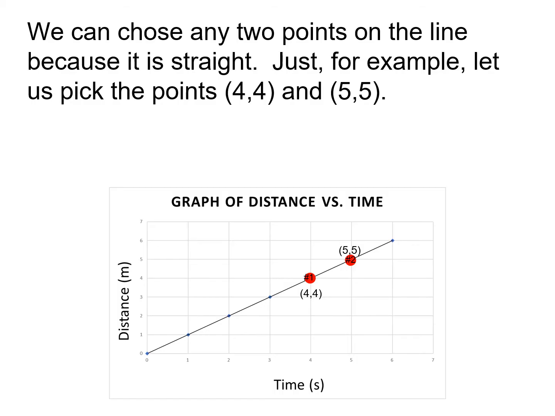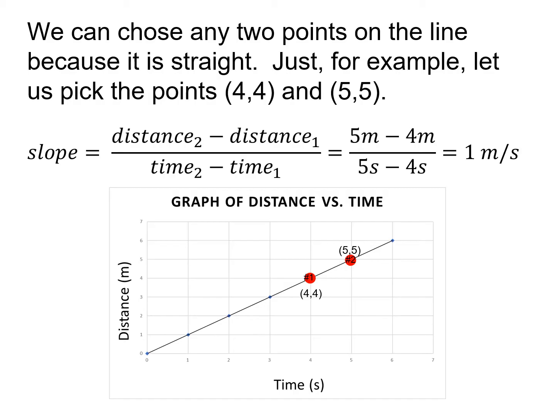Now all we have to do is substitute in these values in our equation. So if slope is distance 2 minus distance 1, that would be 5 meters minus 4 meters, divided by, if time is the x in this case, 5 seconds minus 4 seconds. The result would be 1 meter per second.